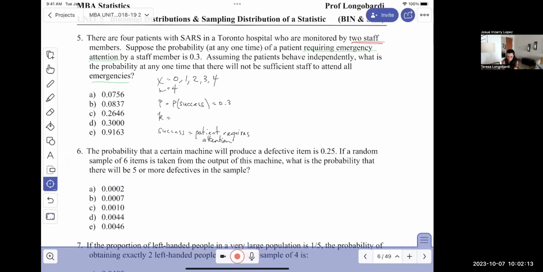So I guess there's an implicit assumption here that each patient or each emergency requires only 1 staff member.